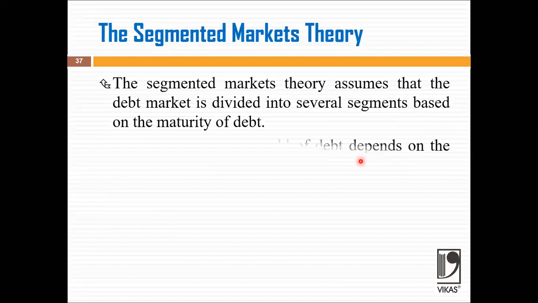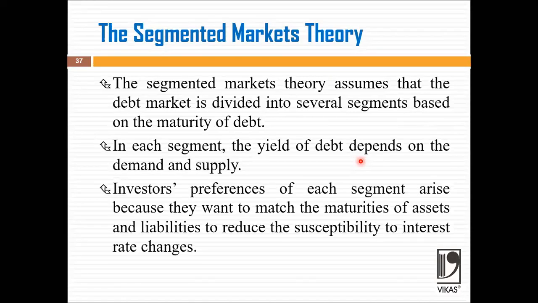Segmented market theory. So there are segments in the market. The segmented market theory assumes that the debt market is divided into several segments, like a product market, based on maturity of debt. Some people are seeking short-term investment, and another group of investors seeking long-term investment.